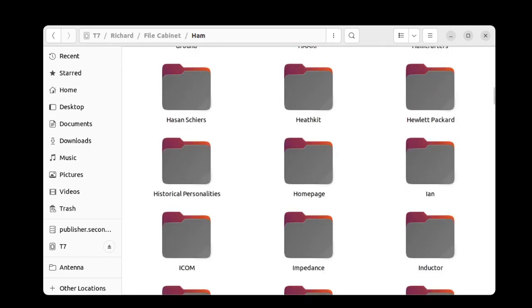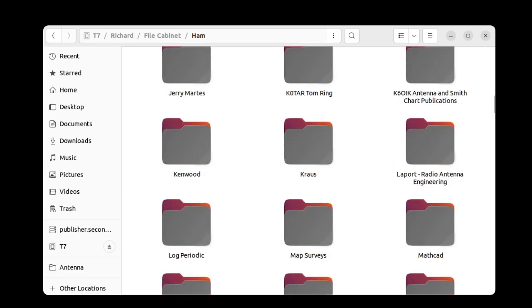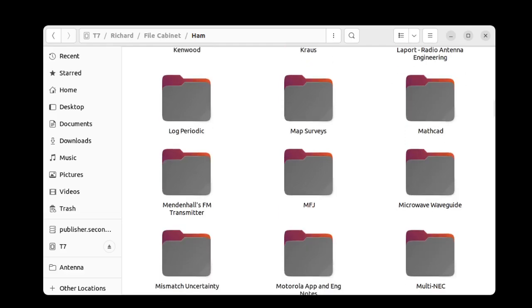HARP, Helicrafters, Hewlett-Packard, Heathkit again, inductors, impedance, more individuals, Kenwood, Krause. Krause is a writer of antenna theory, Laporte as well.